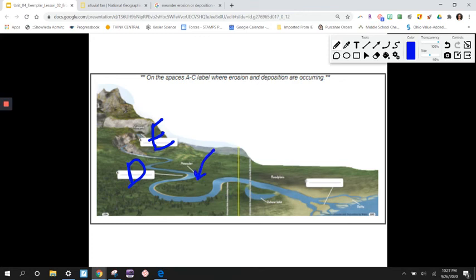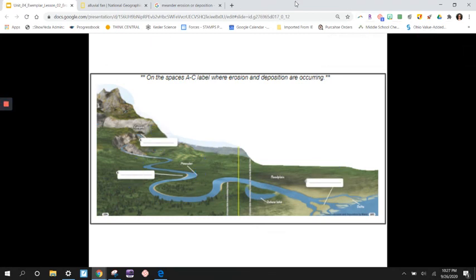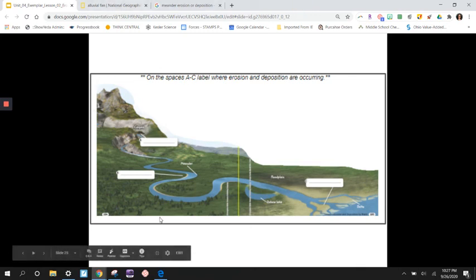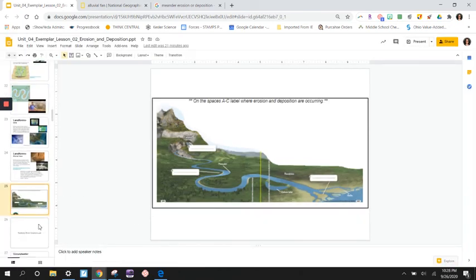And then the river delta is created by deposition, or the depositing of materials. So that will be the end of this section of notes for the erosion and deposition of streams and channels.